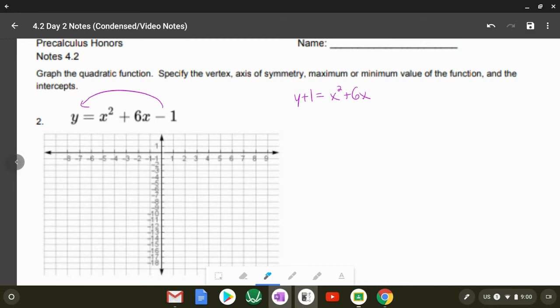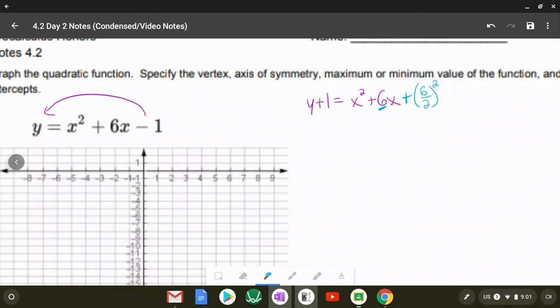The way we complete the square is we take that b value, 6, divide it by 2, and then square that result. Now remember, what you do to one side, you have to do to the other, so make sure you add it to both sides.